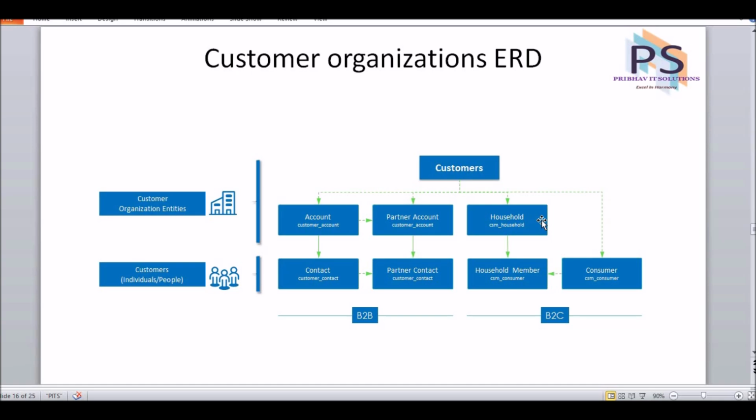All those people of that family fall under the CSM consumer, and this falls under CSM household. Last, we have the consumers who are directly buying the product from the supplier, right? All those fall under CSM consumer. So here you can say these are the individual people who are managed, and these are the organizations.